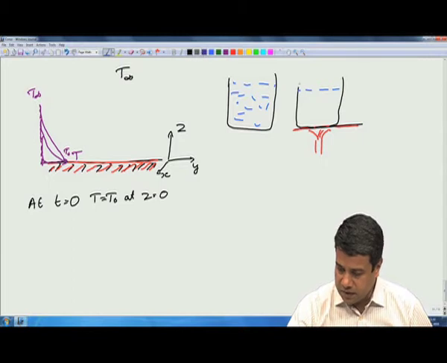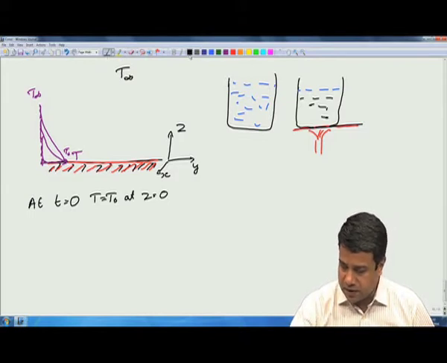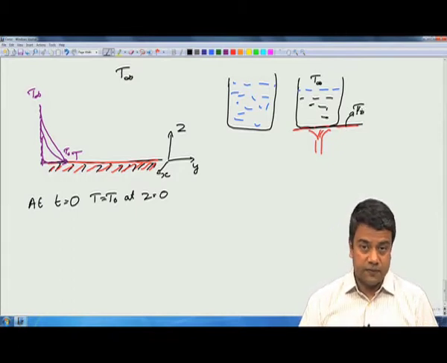So, initially the fluid was at room temperature, that is T infinity, and at time t is equal to 0, instantaneously you put this at temperature T0 here. So, that is an idealization of that problem.